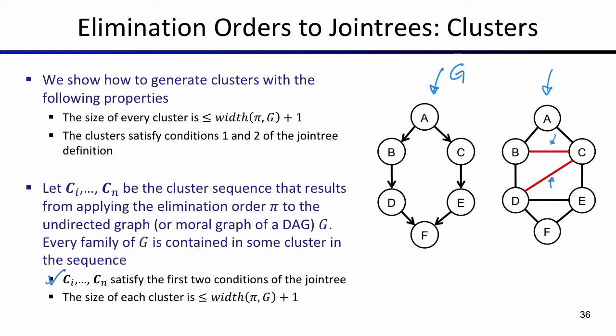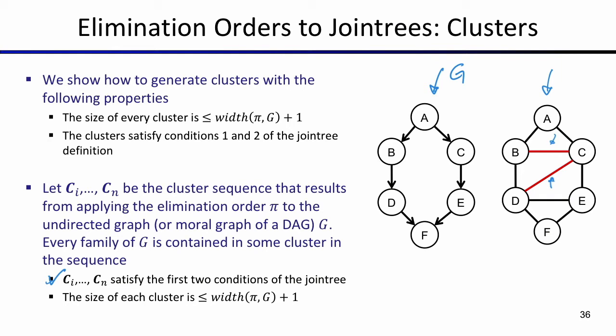And that's going to happen. I'm not sure if you remember when we discussed this technique, but we're going to revise this in the next slide. Every time that we eliminate one variable, we're going to create a cluster that are the neighbors of that variable. So basically the clusters will be a set of variables from the graph.